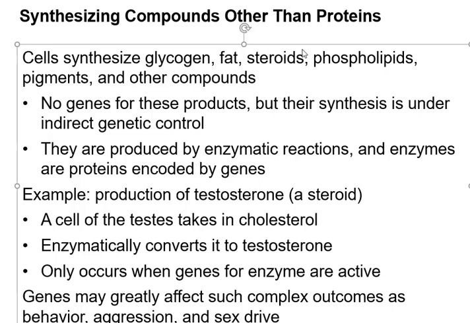We take cholesterol and we turn it into steroids: estrogen, testosterone, progesterone, hydrocortisone. And then we take the fatty acids and we attach them to half of a sugar molecule, which is a glycerol, and we make triglycerides, or in the case of phospholipids, it's 2 fatty acids and 1 phosphate group.